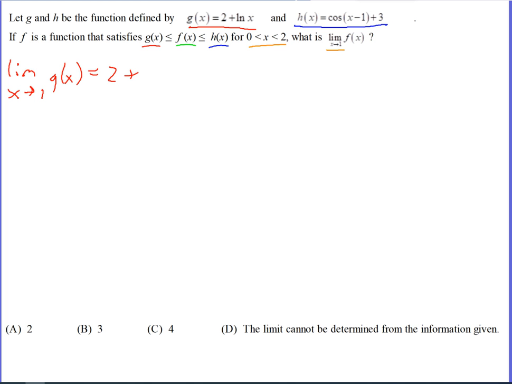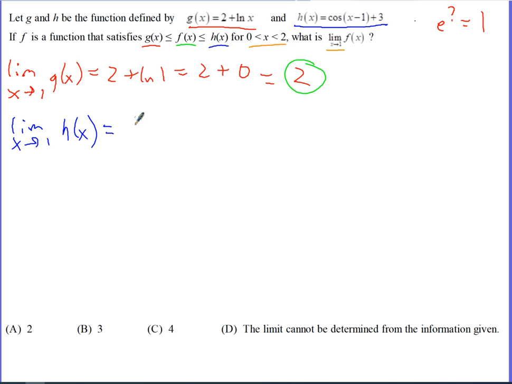So let's again find the limit as x approaches 1 this time of g of x. That'd be 2 plus the natural log of 1. And remember, natural log is log base e, so it's saying e to what exponent equals 1, and you can see that's 0, so that's 2 plus 0 gives us 2. Now let's find the limit as x approaches 1 of h of x.